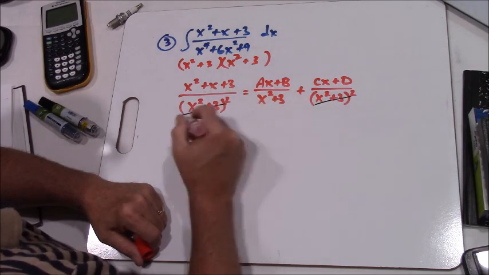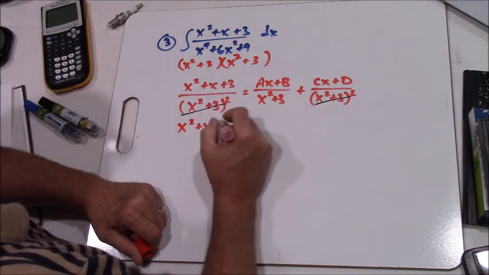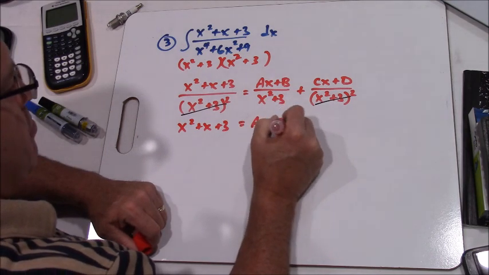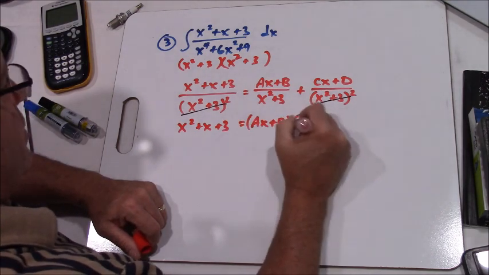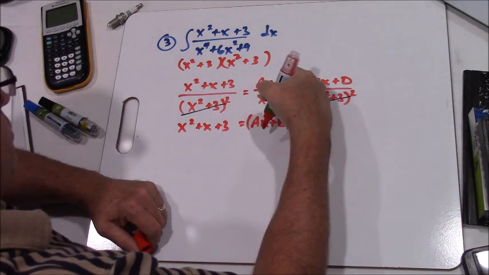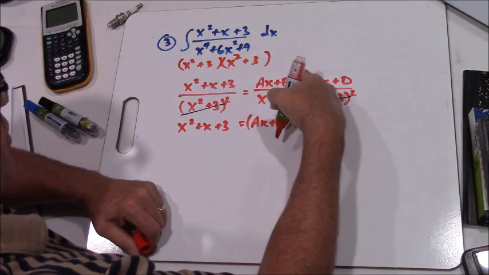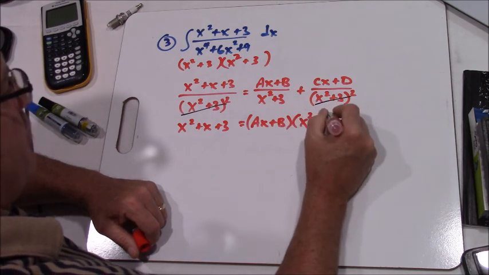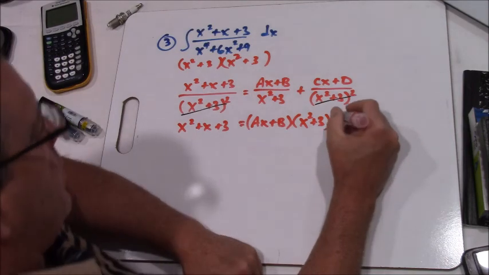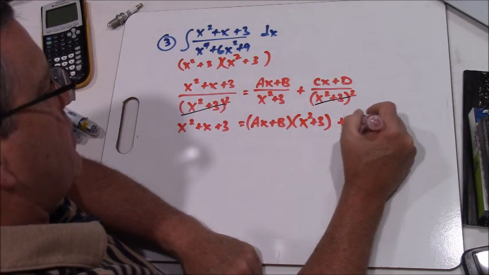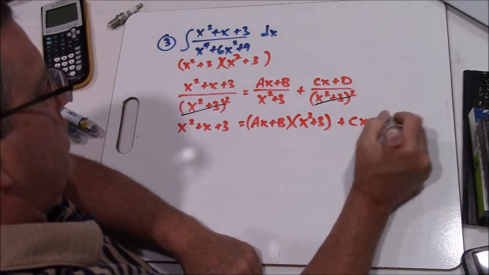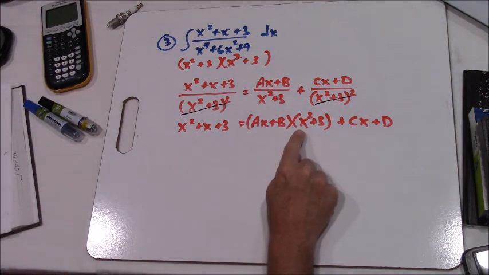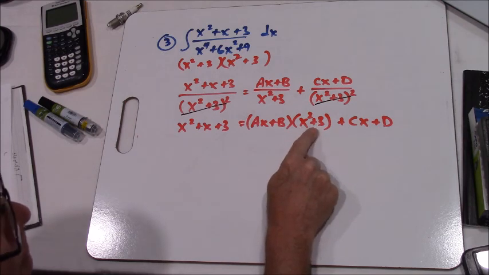X squared plus x plus 3 is equal to ax plus b, make sure that's in parentheses, times, I would have had two of those factors here. One would cancel, so there's still an x squared plus 3 left. And then plus cx plus d.